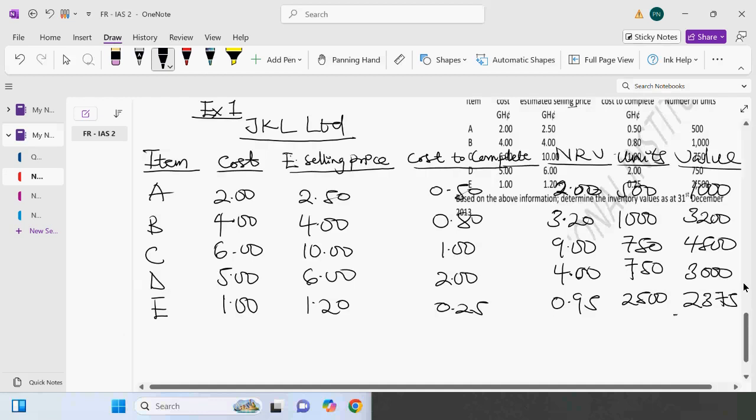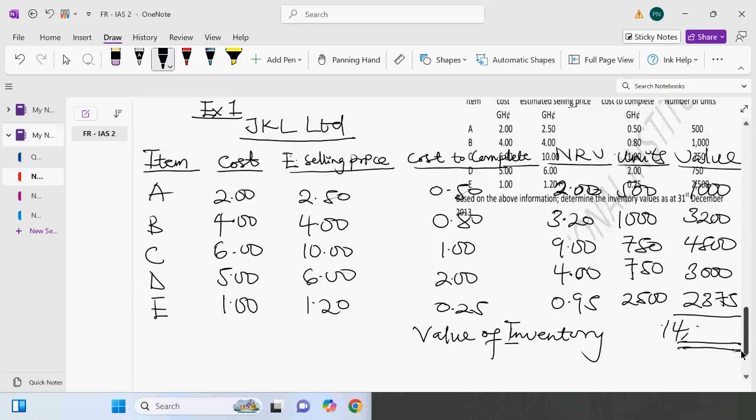So what would be the total value of the inventory? 14,075. That is 14,000 and 75. 14,075 is the value of inventory.